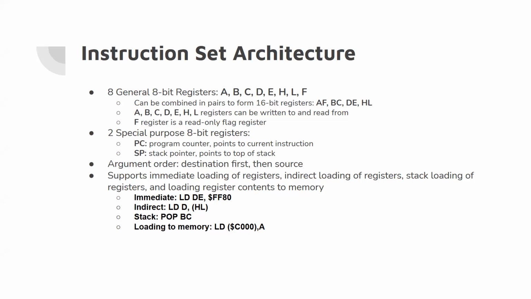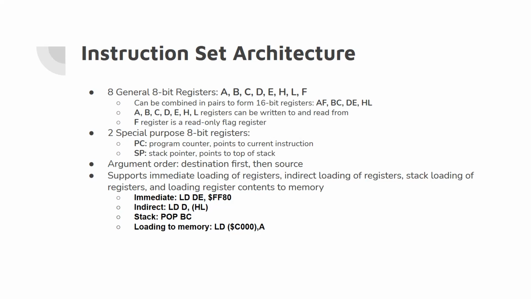You can combine A and F to make AF, B and C to make BC, D and E to make DE, and H and L to make HL. But one really important thing to note is that the F register is a read-only register. It's used for holding those flag bits.